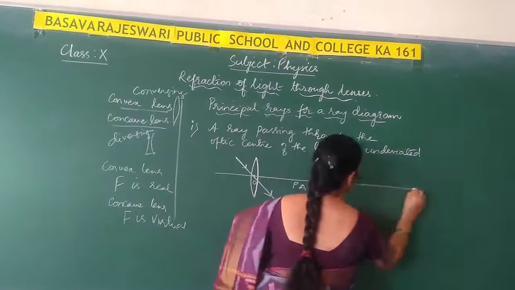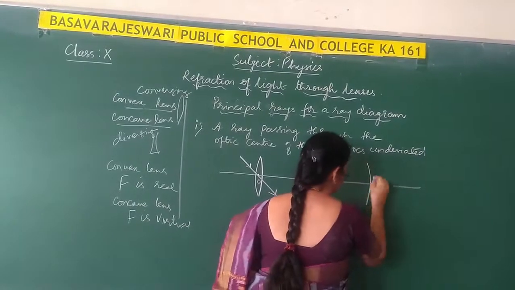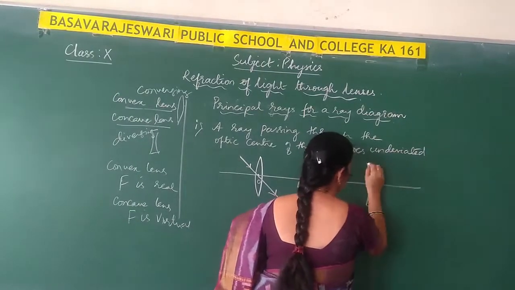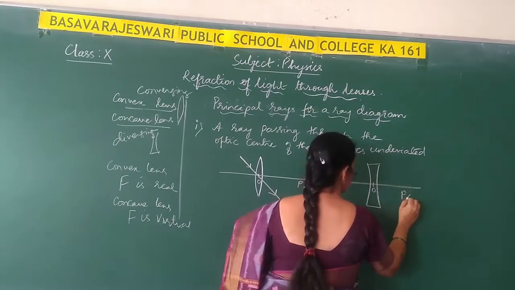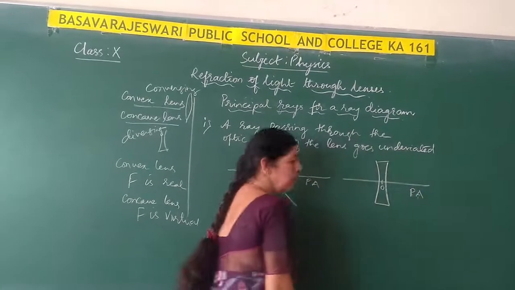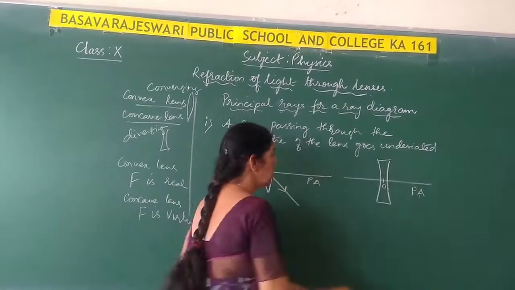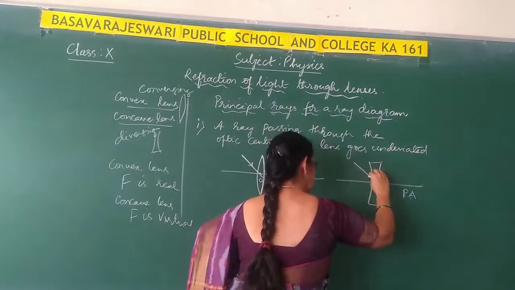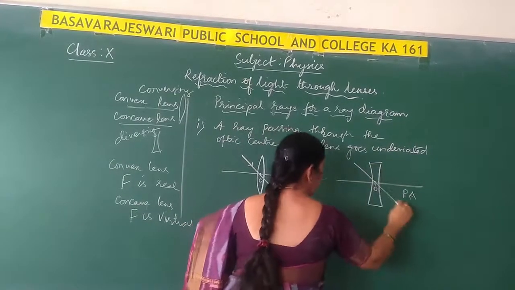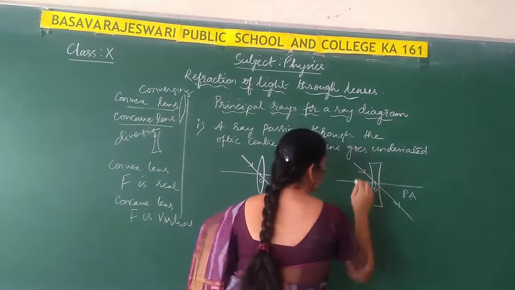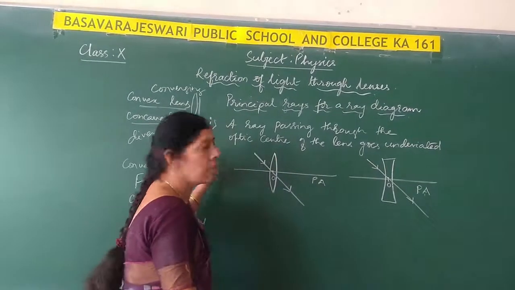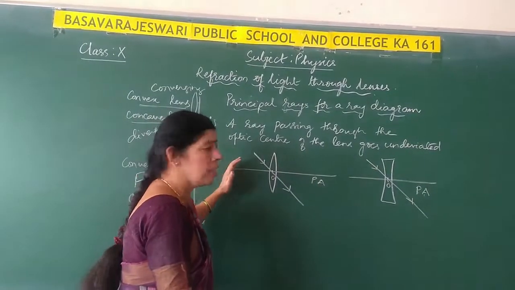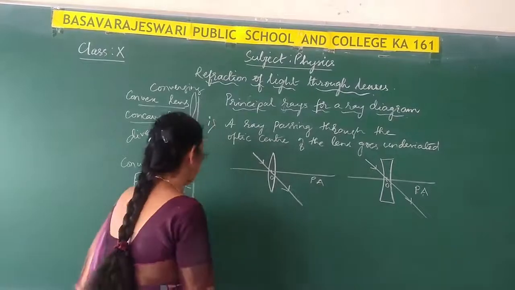Even for a concave lens also, if you consider a light ray which is incident on the optic center, it will go undeviated. So this is the first very important ray for us to construct a ray diagram.